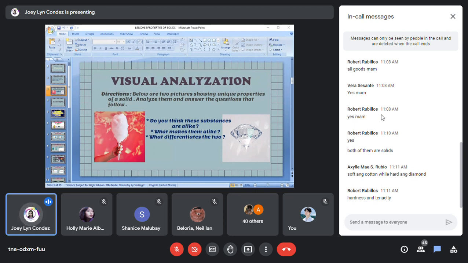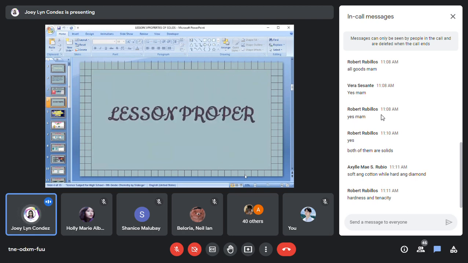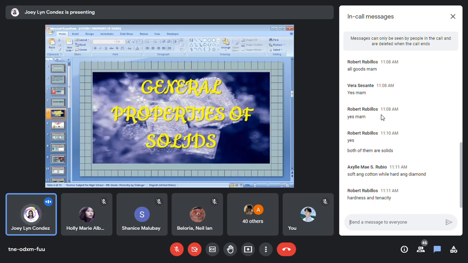So our lesson again will focus on the general properties of solids. Okay? So in your lower level years, you have already learned the basic concepts of solids. Can you see my screen, everyone?